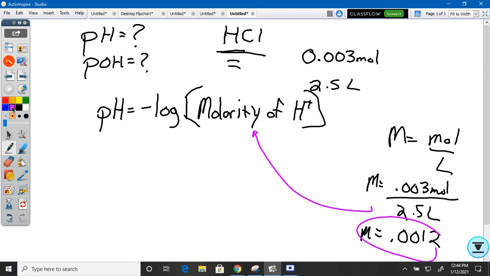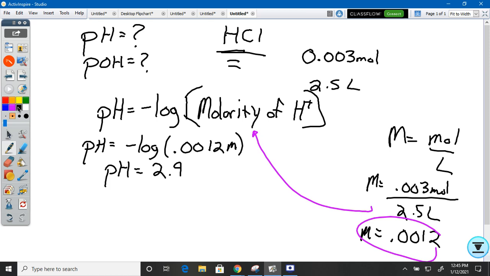Now you go negative log of 0.0012 M. Okay, so negative log of my answer. Well, that will give me a pH of 2.92.